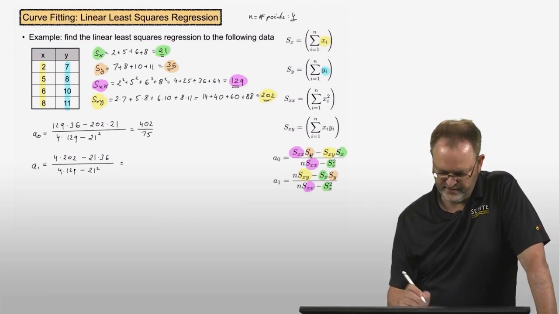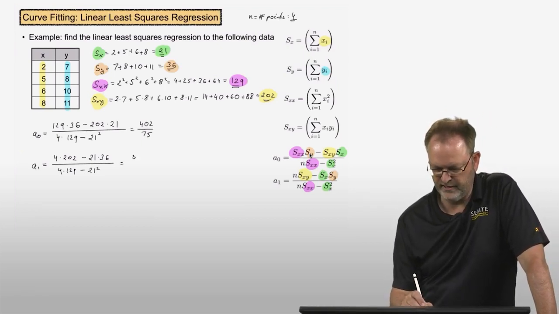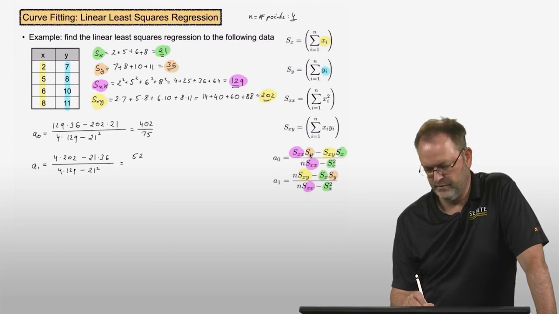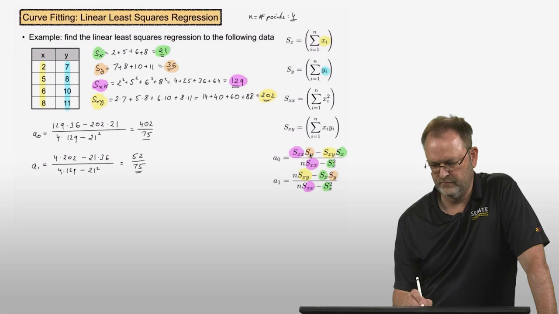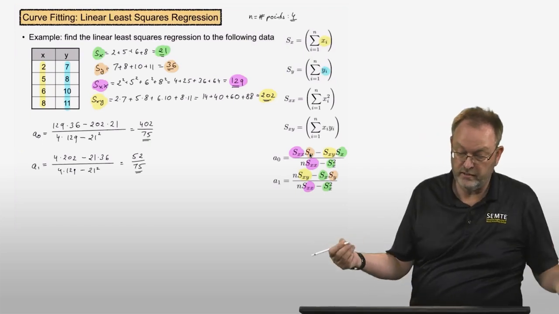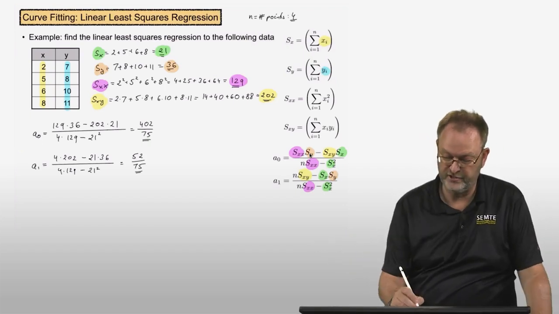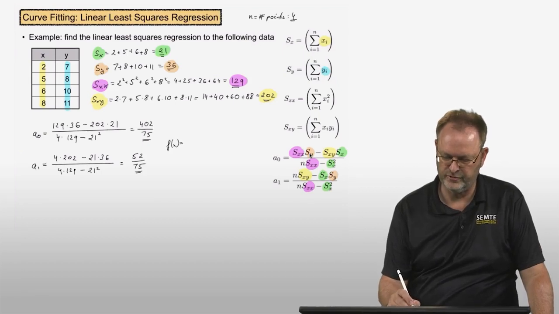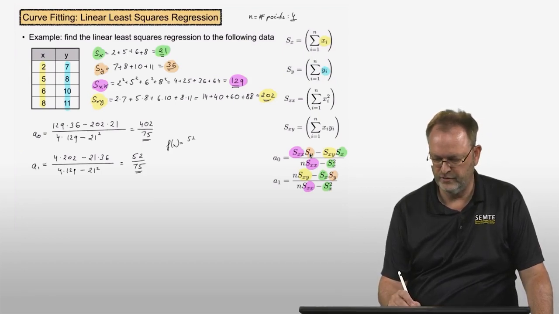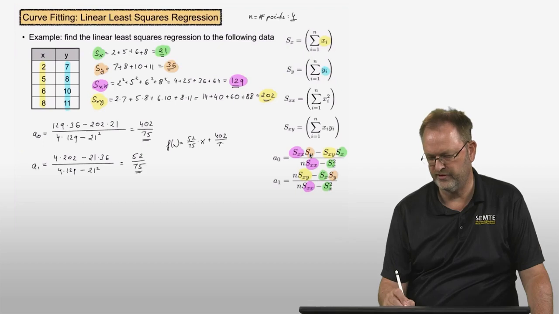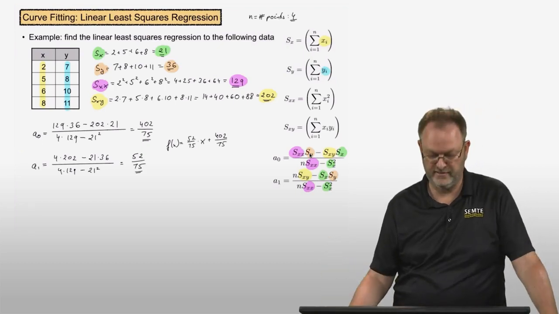And if you plug these numbers in, you'll find that this would be 52 divided by 75. Okay, so therefore my linear function that fits this data best would be f of x is equal to 52 over 75 times x plus 402 over 75. That would be the best fit function.